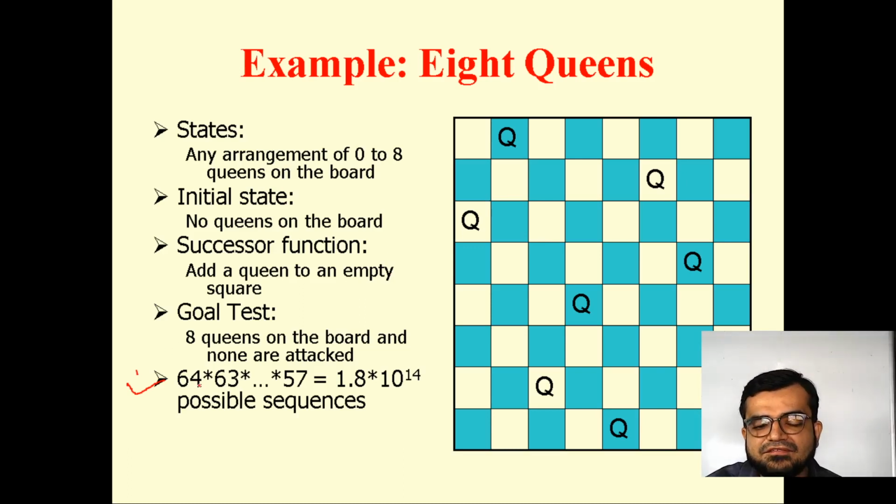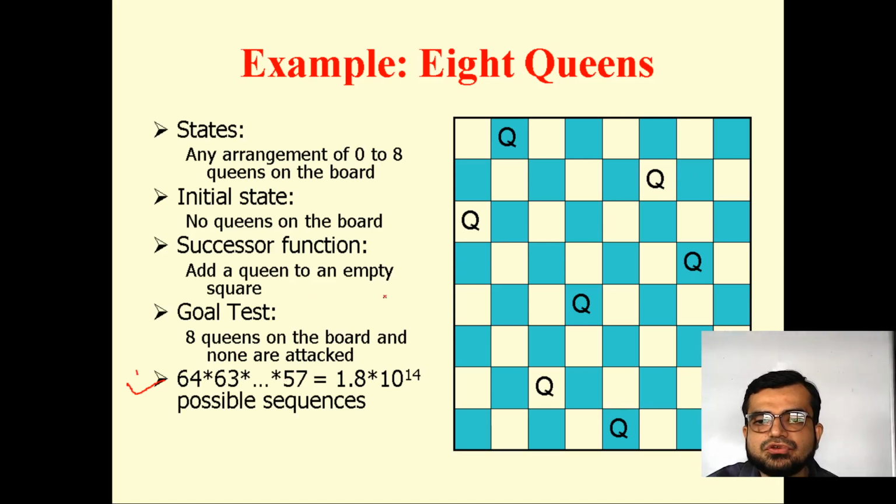But for the second queen, anyhow you have taken one queen, so if you leave this location, how many locations are available? 63 locations are available. So the number of sequences for the second queen is 63.